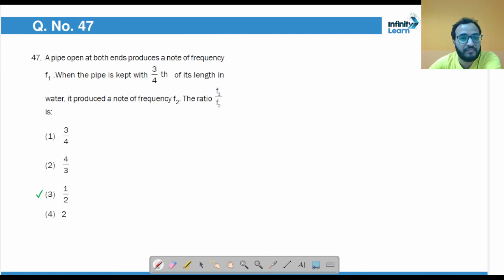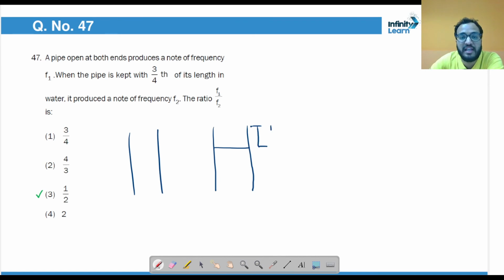Okay. 47. A pipe open at both ends oscillates in a frequency F1. When the pipe is kept filled up to 3/4 of its length, only L by 4 is available. So first complete L was available and it was an open pipe.